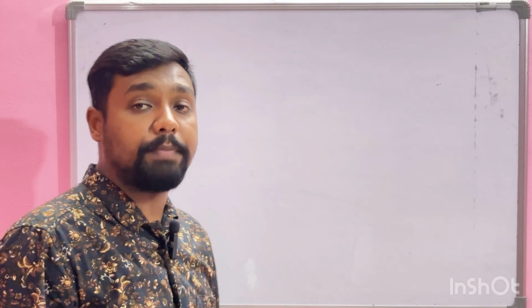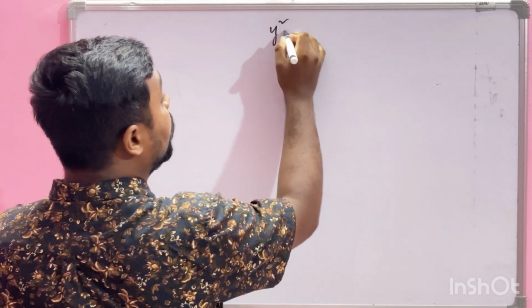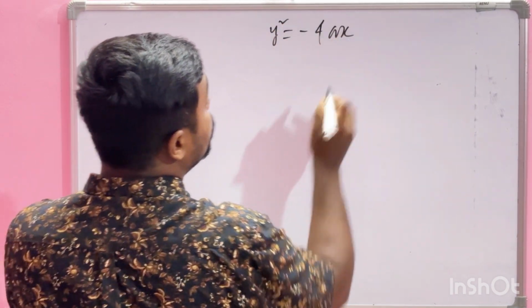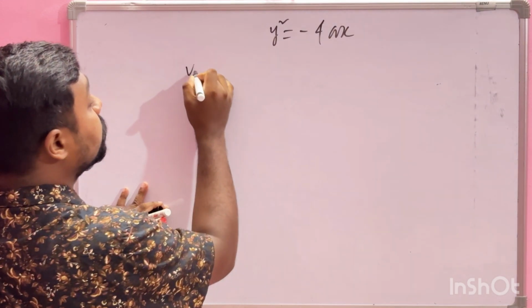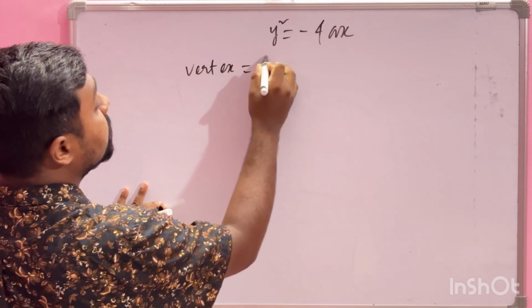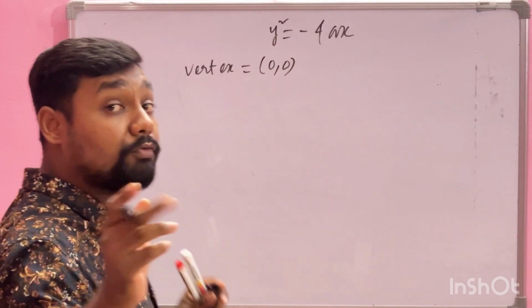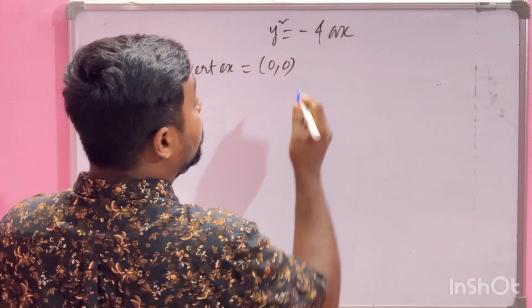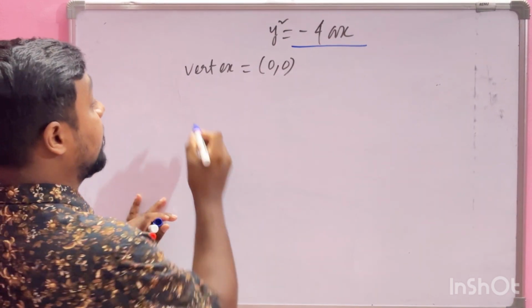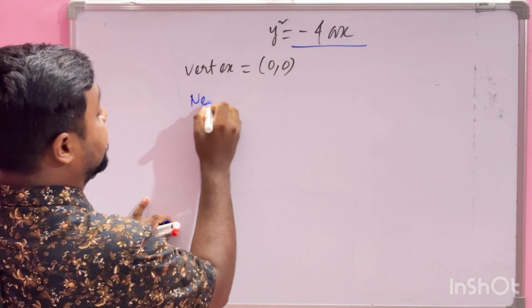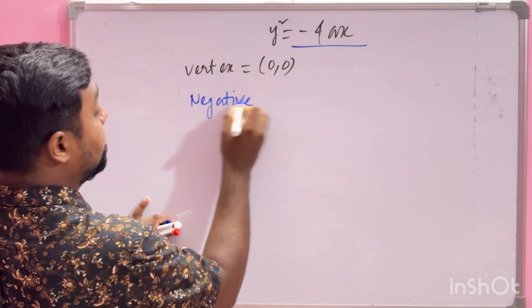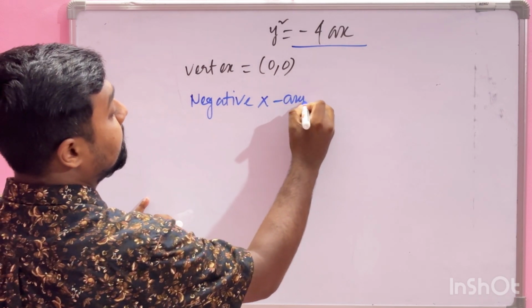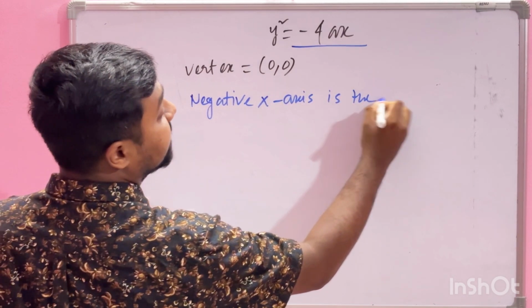Let's discuss another parabola, y square equal to minus 4ax. So for this parabola, vertex is the same, (0, 0). But what will be the axis here? See, the axis is minus x, that is negative x axis, is the axis of parabola.